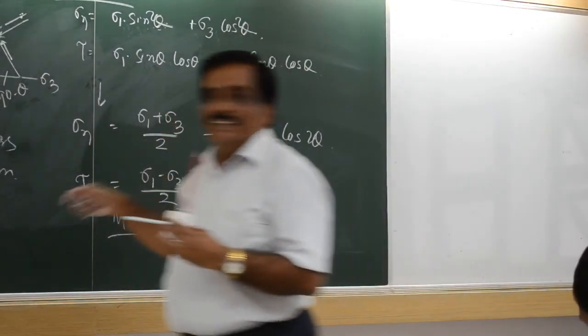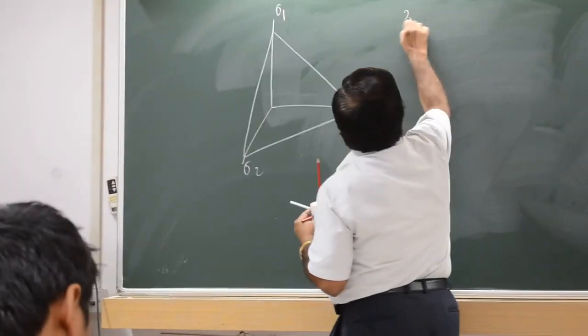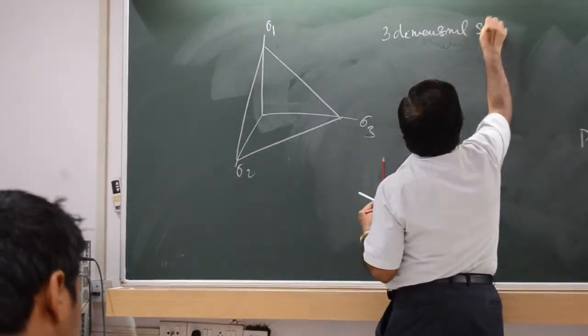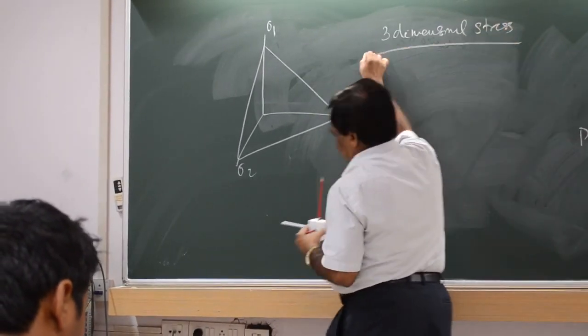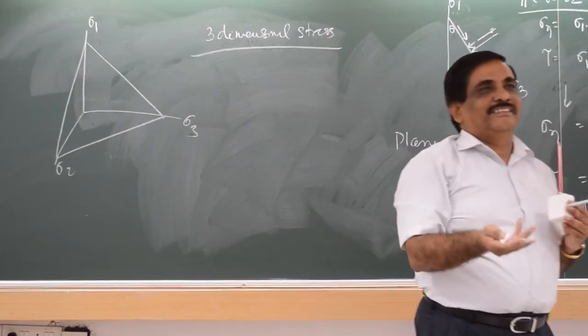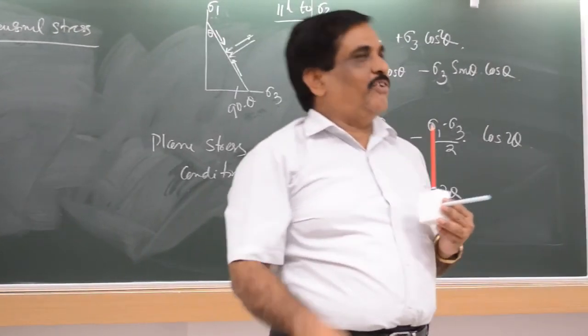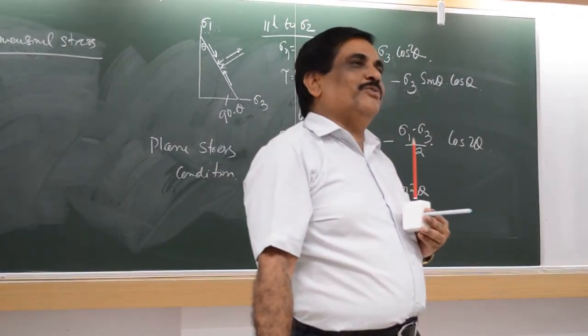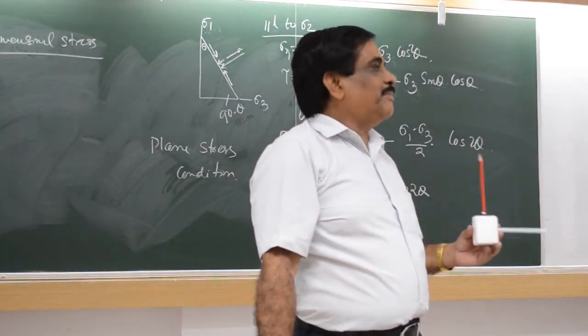So this is a three-dimensional stress. So plane stress is a part of three-dimensional stress. All stress is three-dimensional. When you are making one as zero, you can say plane stress.